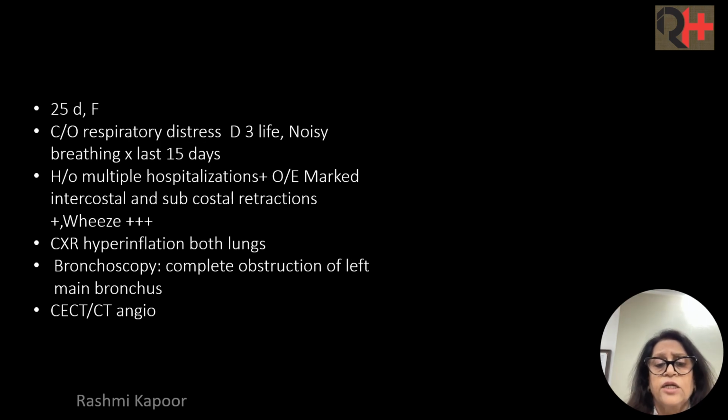The last case, a 25-day-old female, came with respiratory distress on day 3 of life and noisy breathing for the last 15 days. There was a history of multiple hospitalizations, and when the child came to us, there were marked intercostal, subcostal, suprasternal retractions. X-ray showed hyperinflation of both lungs. Bronchoscopy again showed complete obstruction of the left main bronchus.